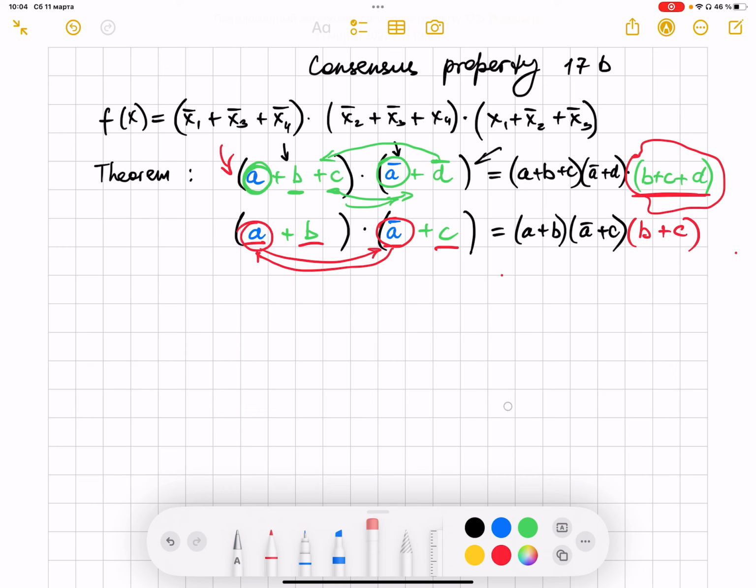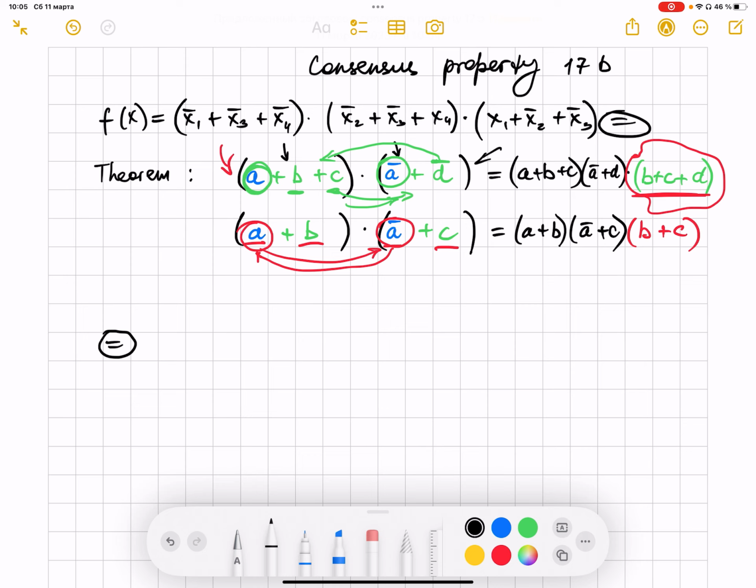We don't consider those. Now let's apply this knowledge that we have gained in minimizing this expression or function.